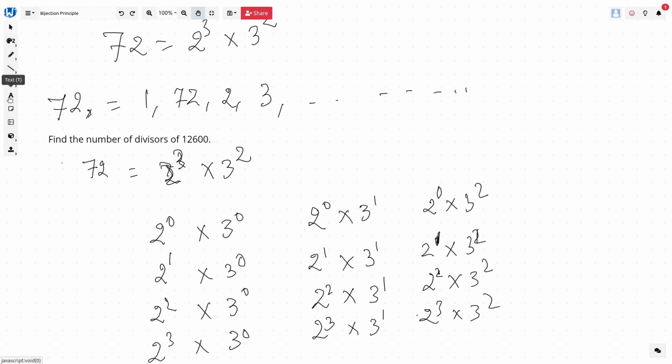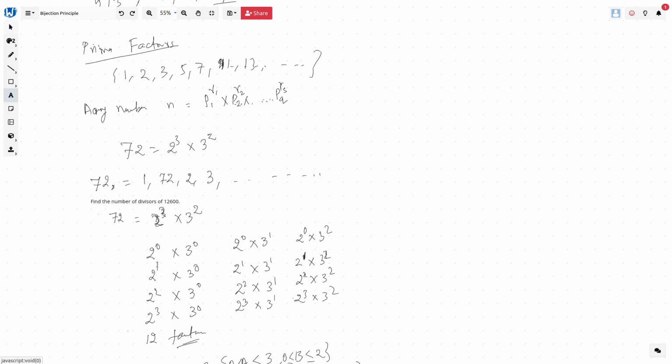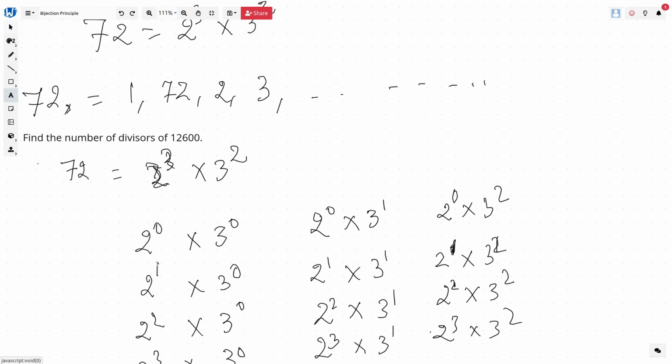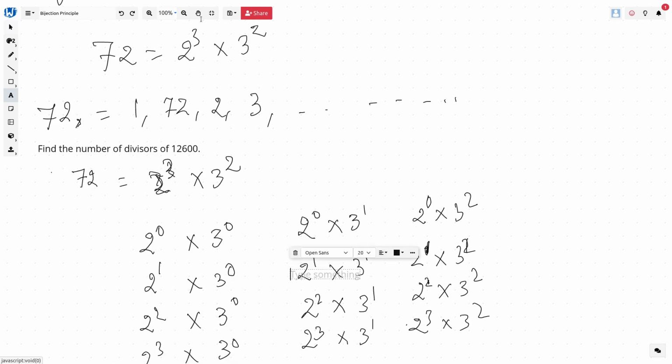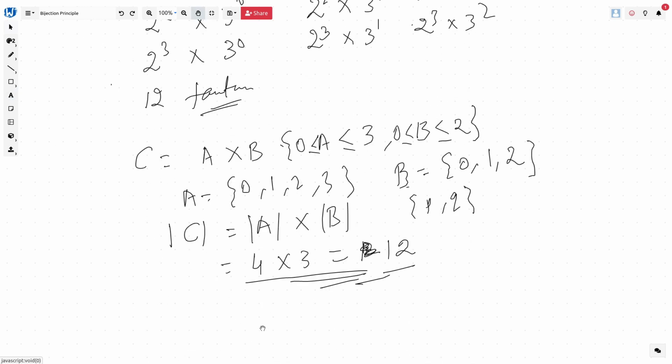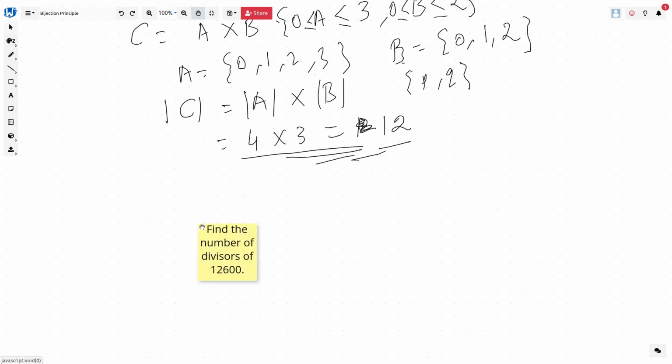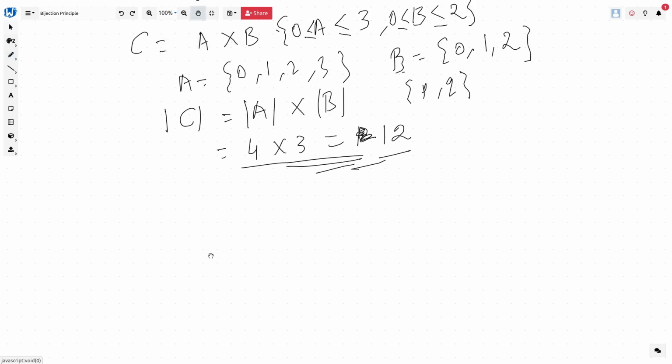Find the number of divisors of 12,600. So we'll copy this problem and paste it here. Let's try to find all divisors of 12,600.